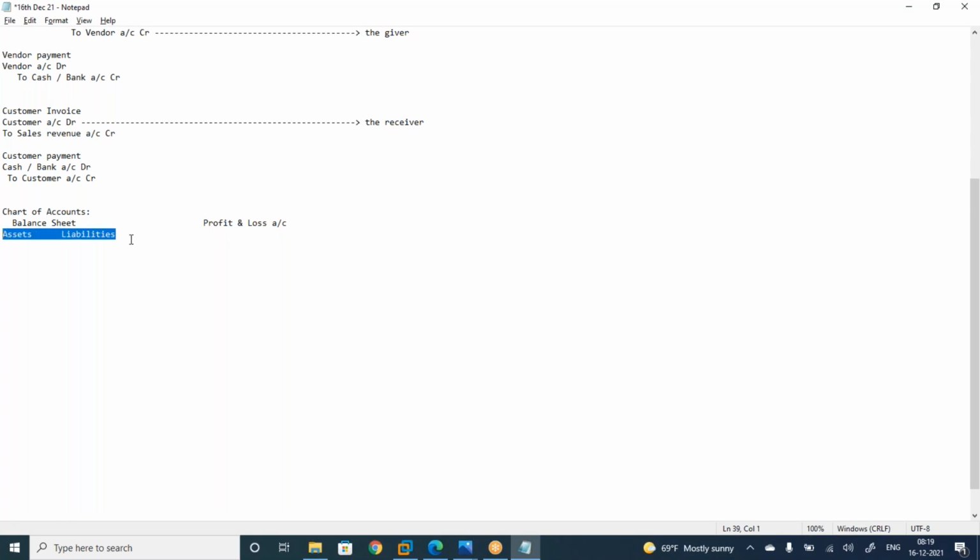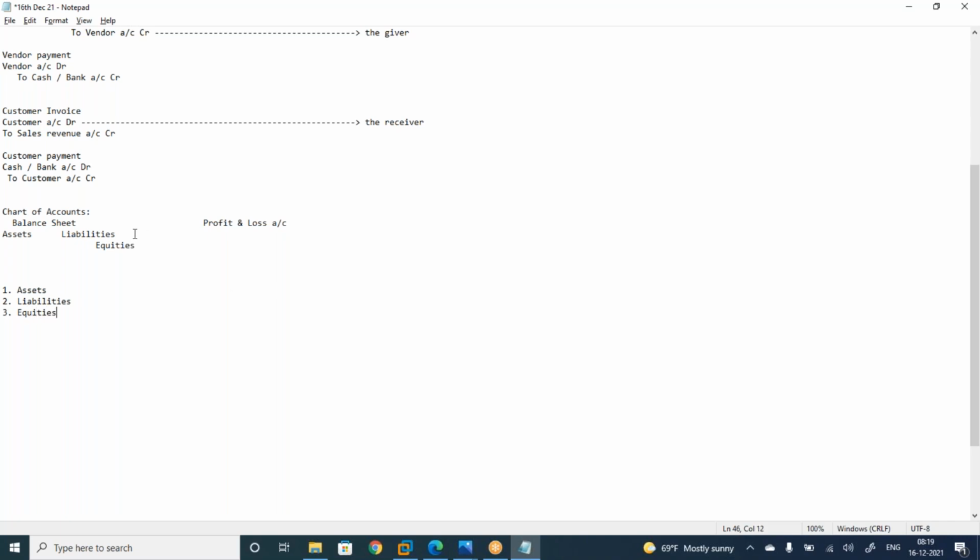Whereas in Dynamics F&O, we have one more. Under liabilities, there is equities. So chart of accounts in our system is 1 assets, 2 liabilities, 3 equities.